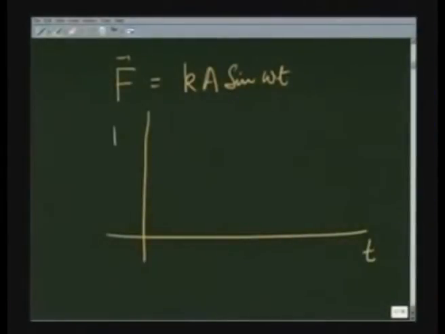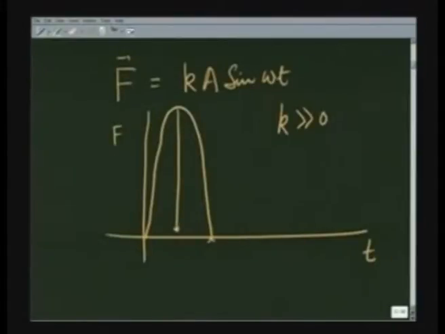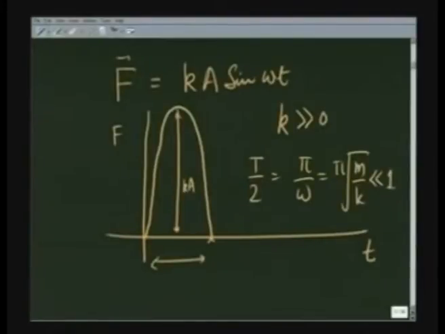And therefore, if I were to plot it with respect to time, it would look something like this: at 0 it starts, goes up and comes down like a sine wave, and at this point the ball has left the wall. Since k is much greater than 0, this peak, k a, is going to be very high, and the time is half the period, which is pi over omega, which is pi square root of m over k, a very small number.